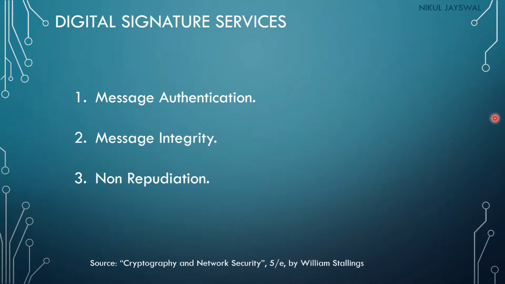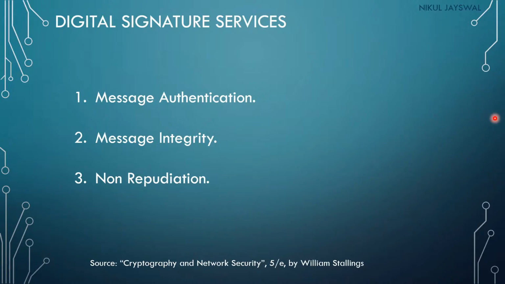So these are the services that will be provided by this digital signature. So message authentication will be provided by the digital signature that we have seen already. Then message integrity will also be provided by the digital signature. Normally message integrity is provided by the hash value, but we use the hash value to create the digital signature.